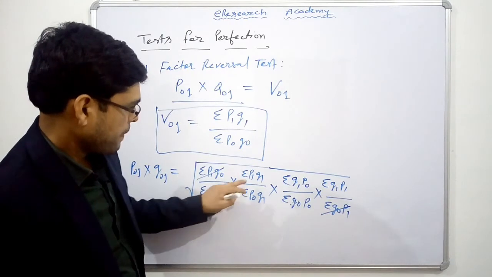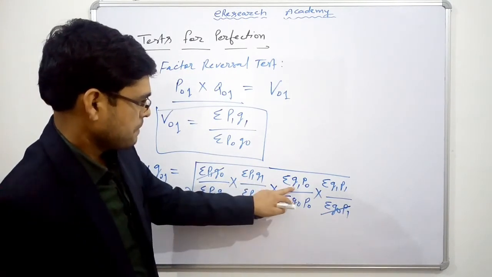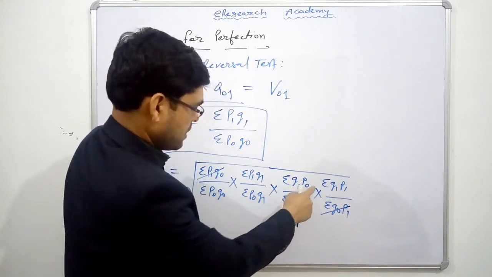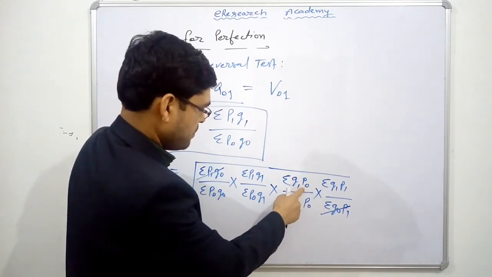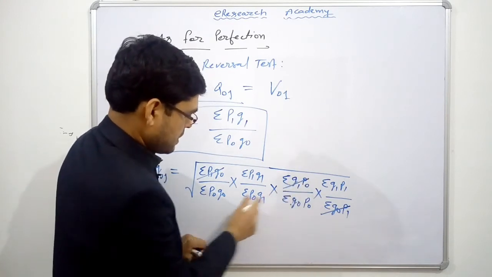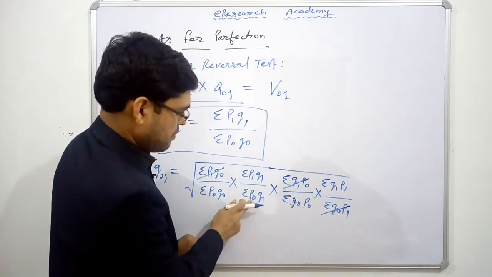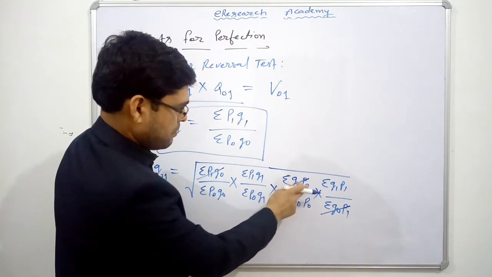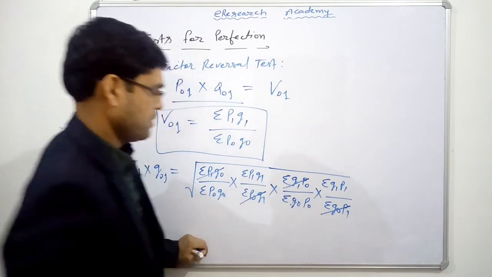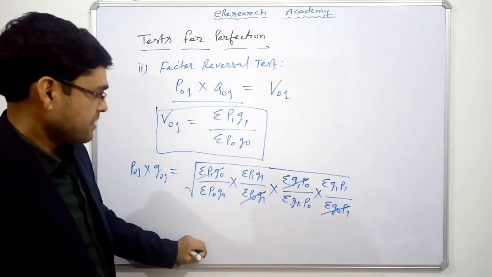Second, this is sigma Q1 P0 and sigma Q1 P0. Let's check it. This one is P0 Q1, P0 Q1, so this will be cancelled out by this one. What remains left?